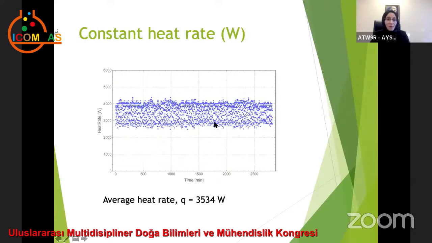We also monitor the heat rate through the testing to see how much we succeed in keeping the constant heat rate in this machine. So the average heat rate usually used is 3,000 watts, and our Q seems a little bit more than this, but it's okay.